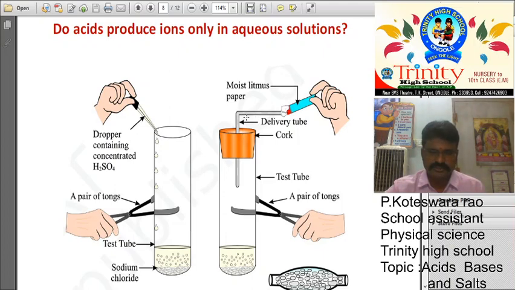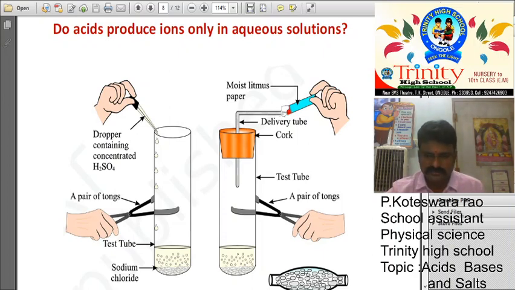This is the delivery tube or L-shaped tube. So what about this solution? NaCl and concentrated H2SO4 solution. Then one gas is produced through this delivery tube or L-shaped tube.